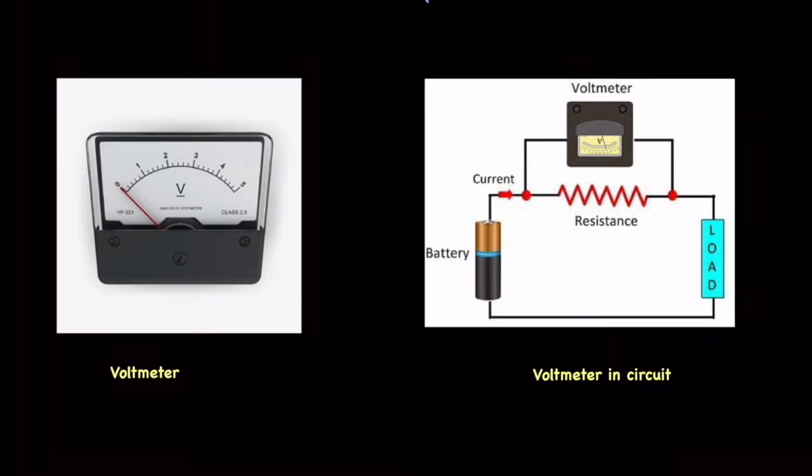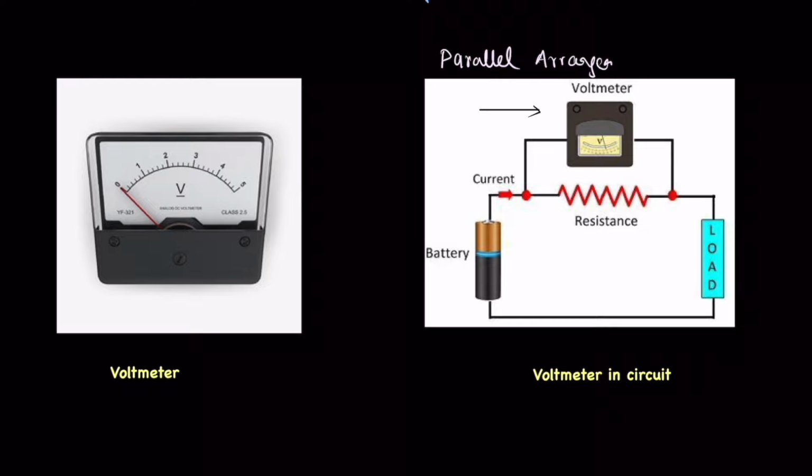Later we will study it, but here you can note it down: a voltmeter is connected in a parallel arrangement. An ammeter is connected in a series arrangement. We will study series and parallel arrangements later.